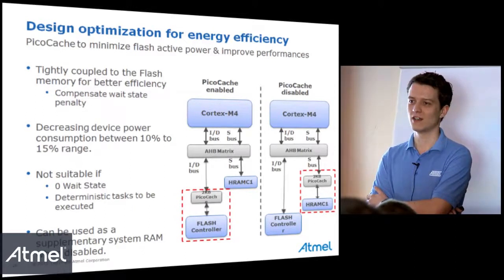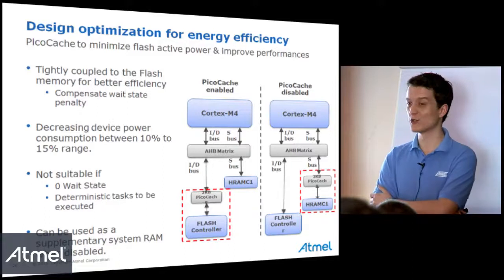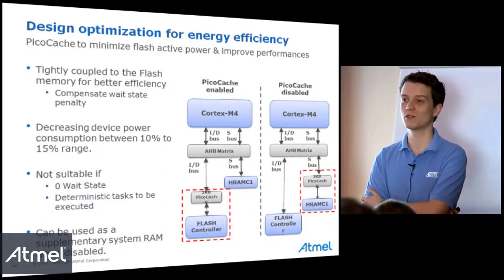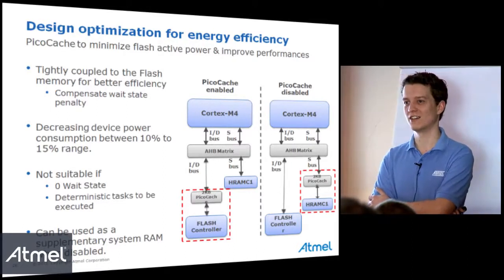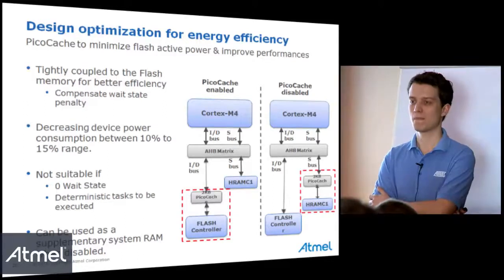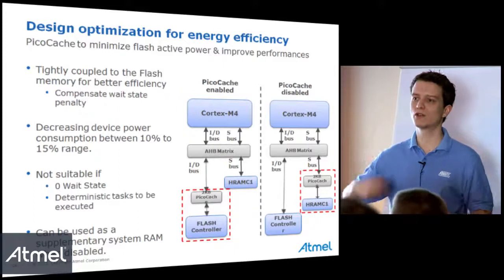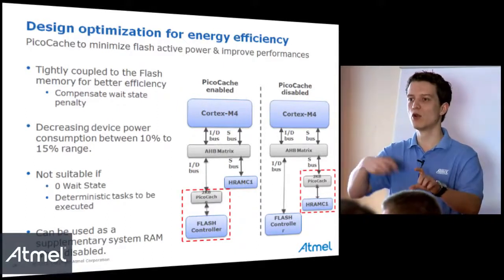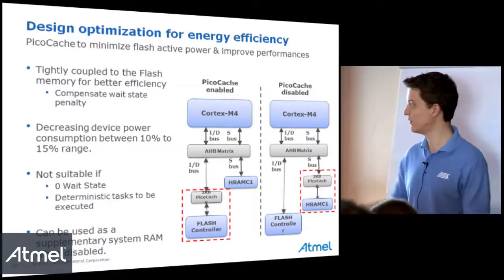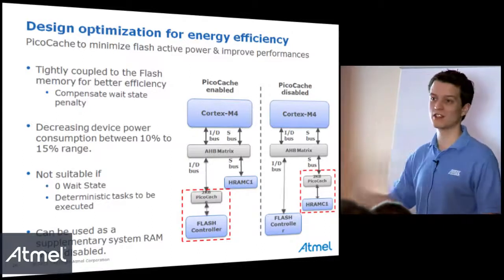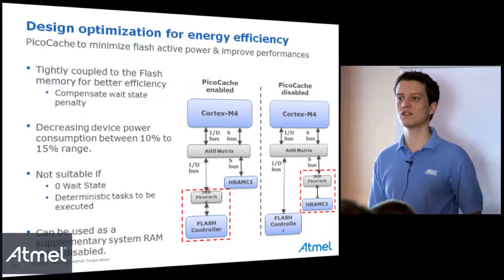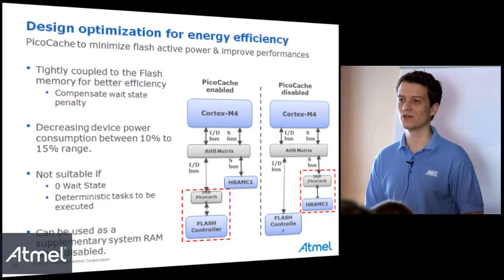But I would say that the cache system here in the SAM4L is much more for power consumption, not performance. It will be used if you are executing really recurrent code, which means that you are running in a loop, and this loop, for example, fits in the cache, so it goes directly into the cache and you have no more access to the flash.